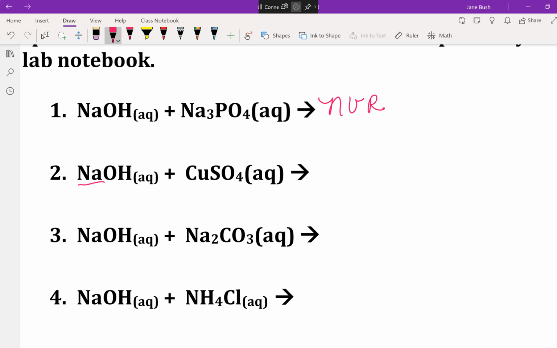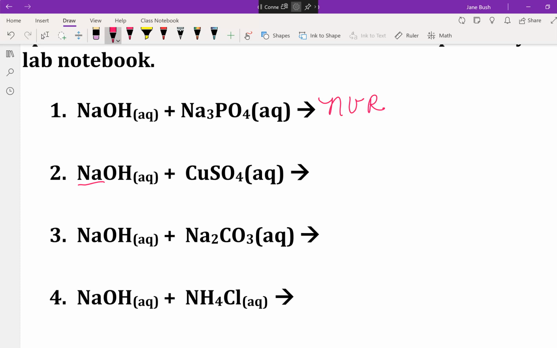What do we know about hydroxides? They're only soluble with the group 1A ions, ammonium, calcium, and so on. Right. So, is copper 2 hydroxide going to be soluble or insoluble? It's going to precipitate. It's going to be insoluble.